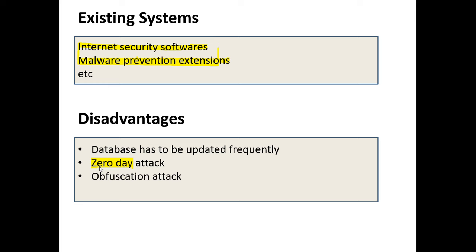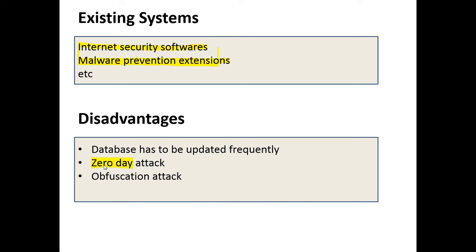It will allow the site to be rendered, but still it is malicious and your entire browser crashes. We call this kind of attack a zero-day attack. To summarize, a zero-day attack is the situation where the website is not listed in the database as malicious, but still it is malicious. This kind of attack will not be solved by the existing system.